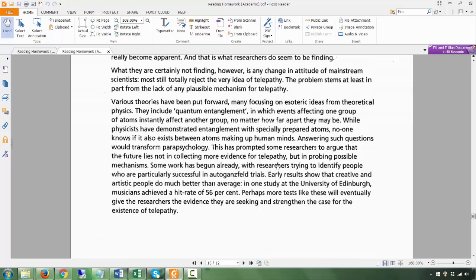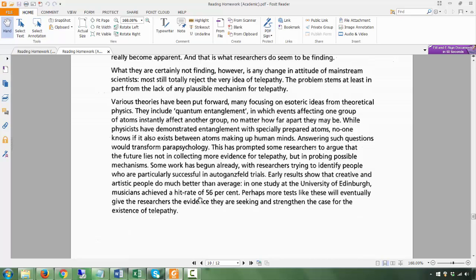Some work has begun already, with researchers trying to identify people who are particularly successful in Ganzfeld trials. Early results show that creative and artistic people do much better than average. Perhaps more tests like this will eventually give the researchers the evidence they are seeking.